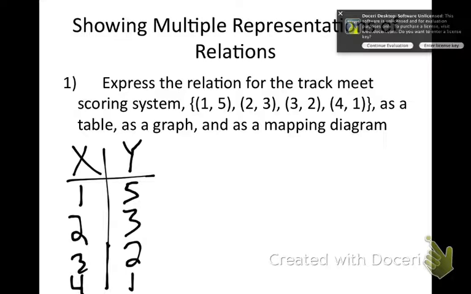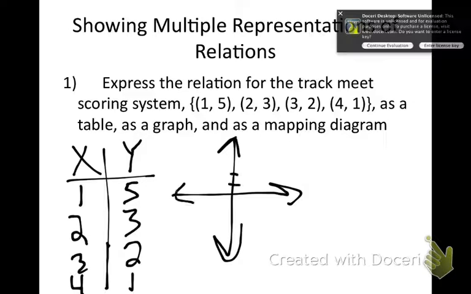Another way is I could use a graph. Well, to use a graph, I need the coordinate plane here. So I take my coordinate plane, and I plot my points. So I plot the point 1, 5. It's up there. 2, 3. 3, 2.